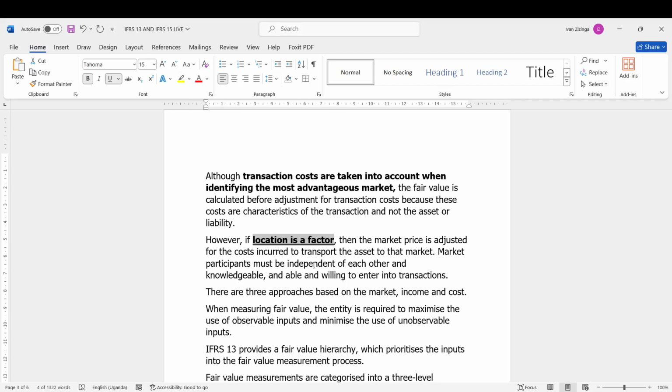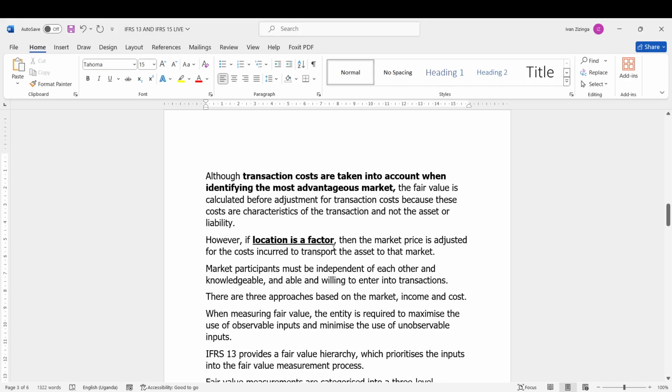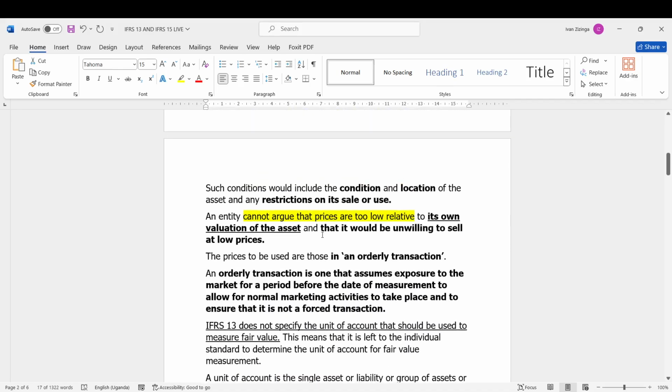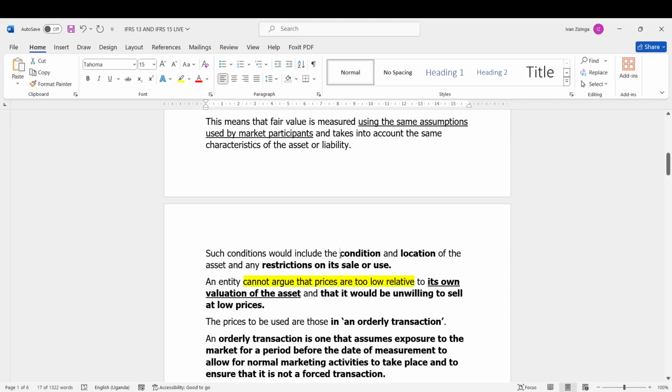Location is important, whereas transaction costs are not part of the asset. That's why we should always adjust the transport costs when obtaining the fair value. The reason is we always factor in the location of the asset when ascertaining the value of the asset. That's why we should always subtract the transport costs.